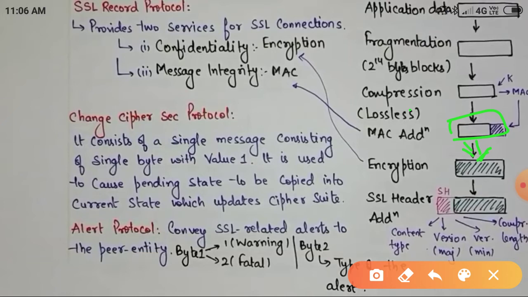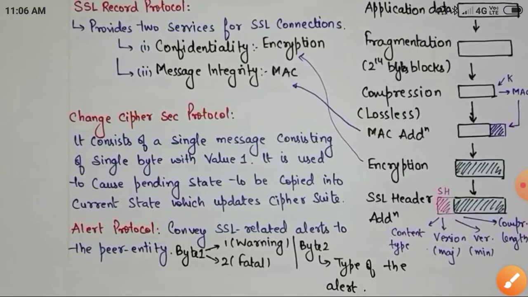By this encryption we provide confidentiality, meaning other persons cannot read it, because it is in an unreadable format. Here we are giving the digital signature, which means message integrity: other people cannot modify it. Through these two things the SSL protocol offers these two services.